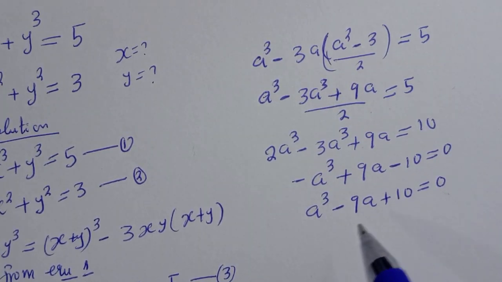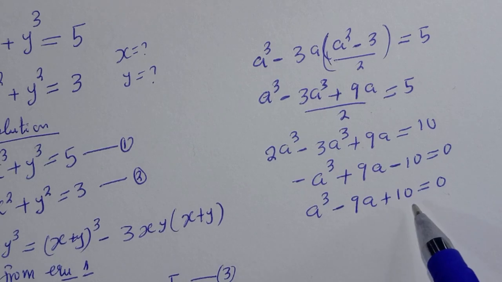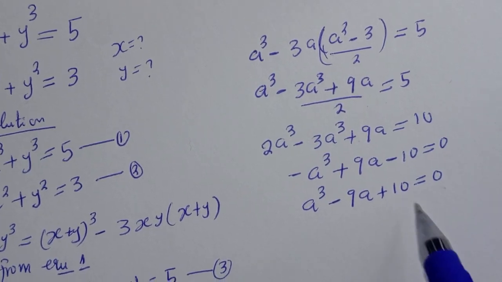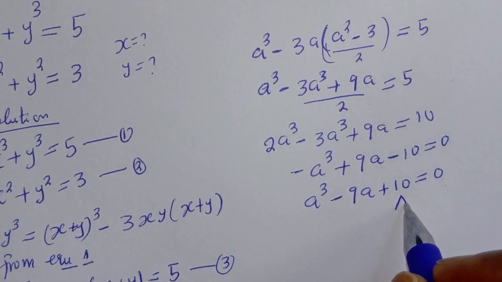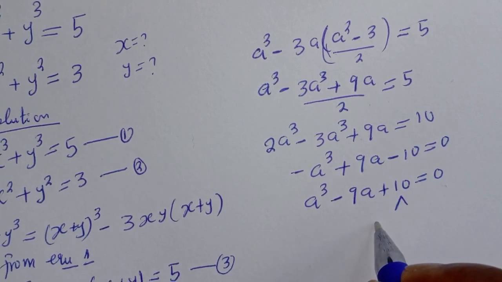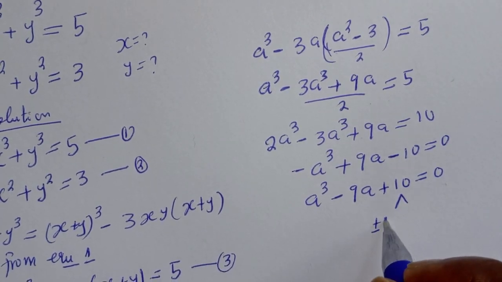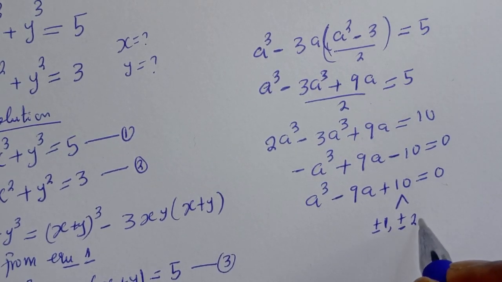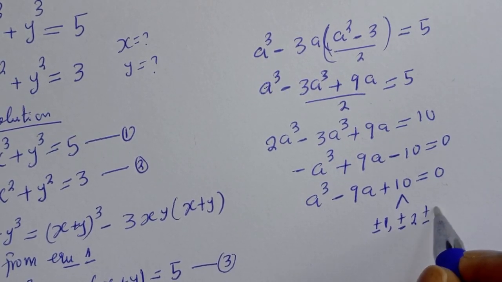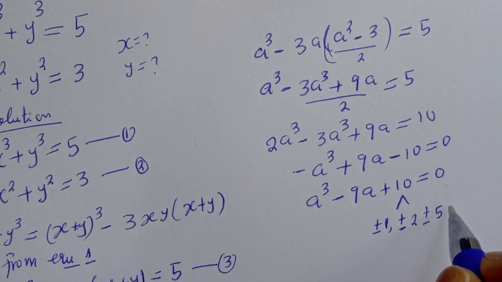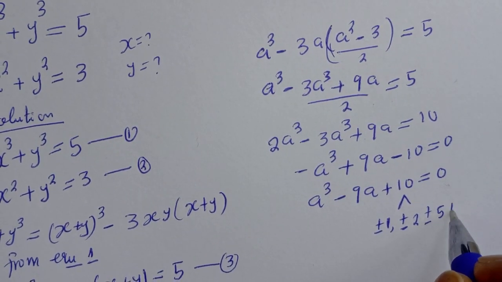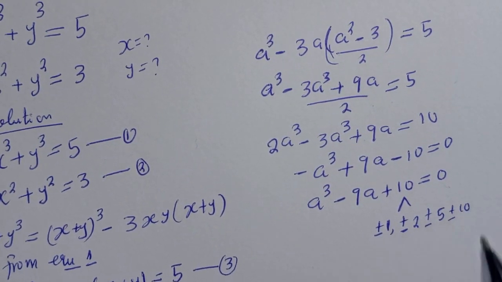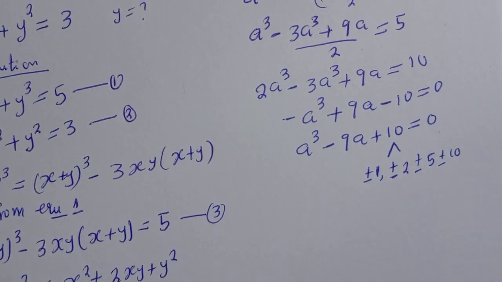So in order to reduce this to a quadratic equation, let's see. The factors of this 10 are plus or minus 1, plus or minus 2, plus or minus 5, and plus or minus 10. So let's check.